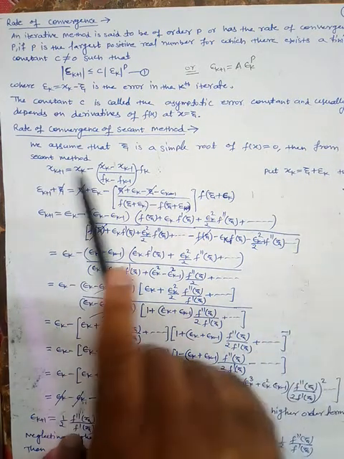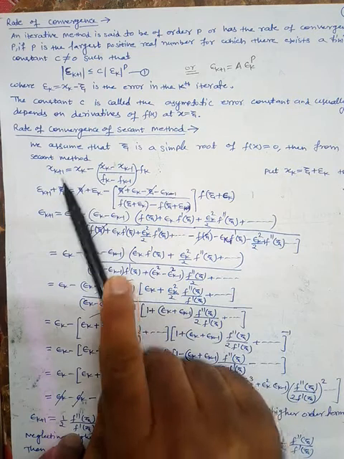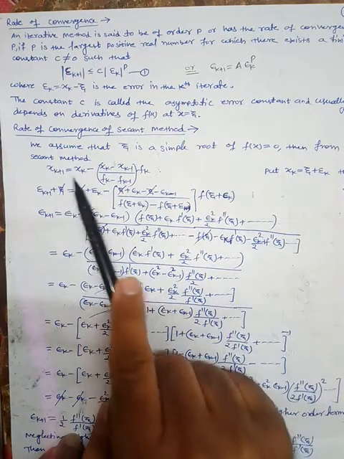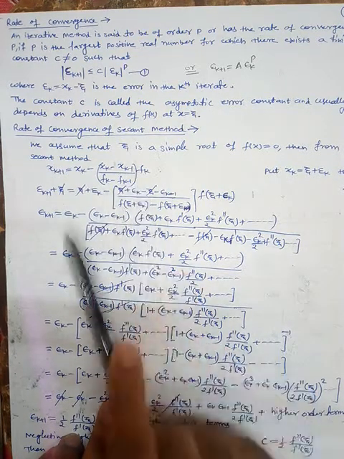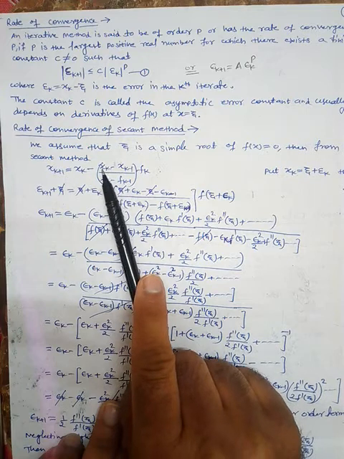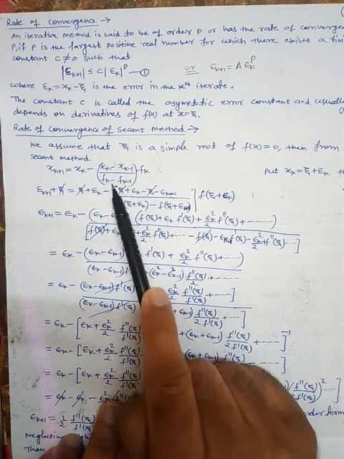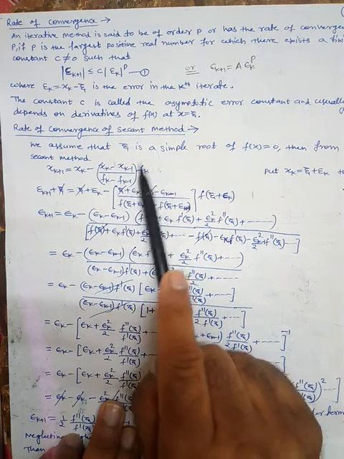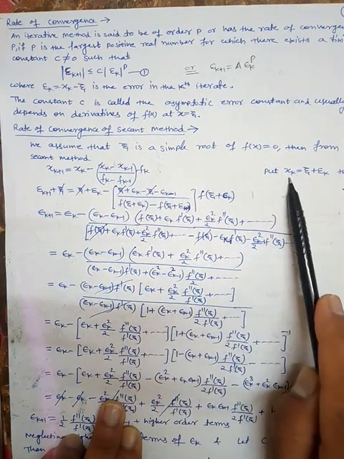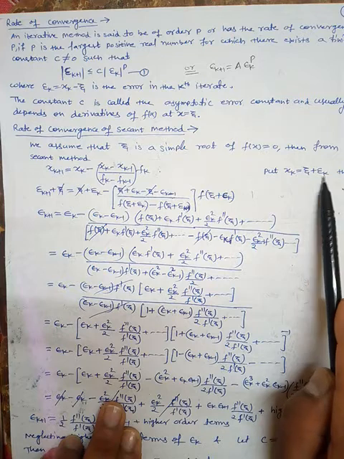Then from the secant method, xk plus 1 is equal to xk minus the bracket xk minus xk minus 1 divided by f of xk minus f of xk minus 1, then multiplied by fk. What is xk? Xk is xi plus epsilon k.